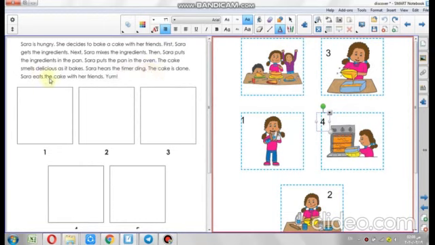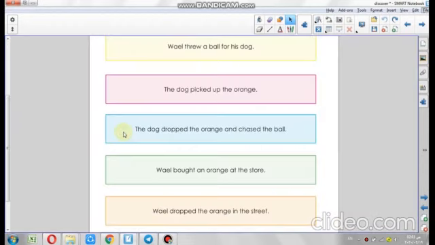Sarah eats the cake with her friends. Yum! This is number 5. So we order the story and we can cut this picture and put them here. We can also order the story without pictures.